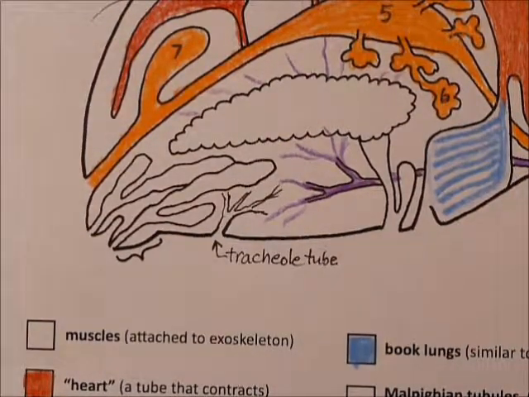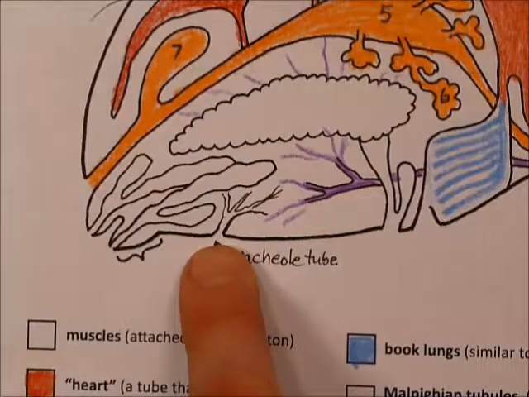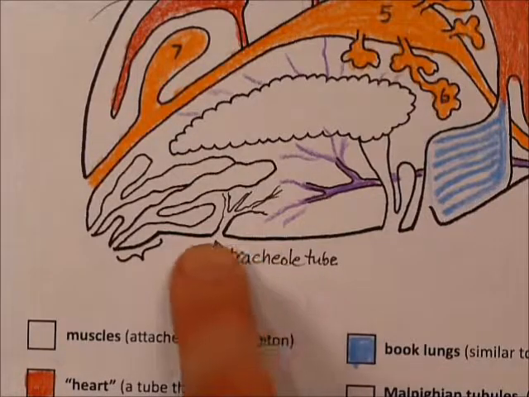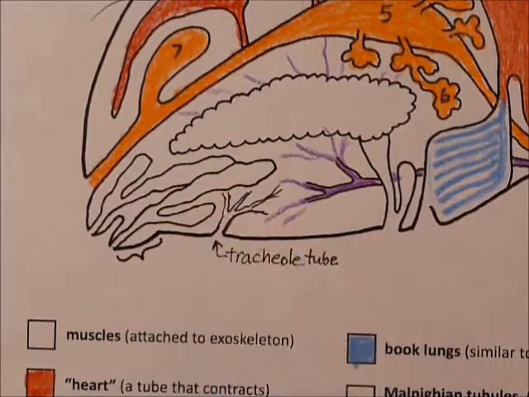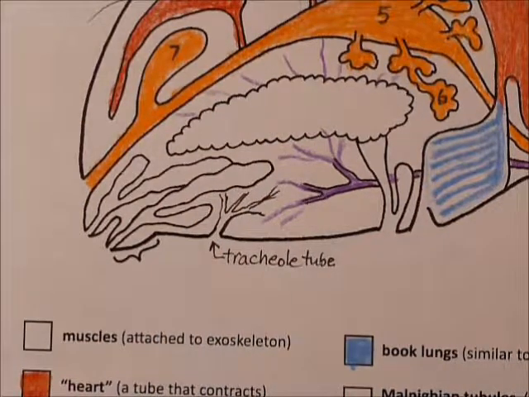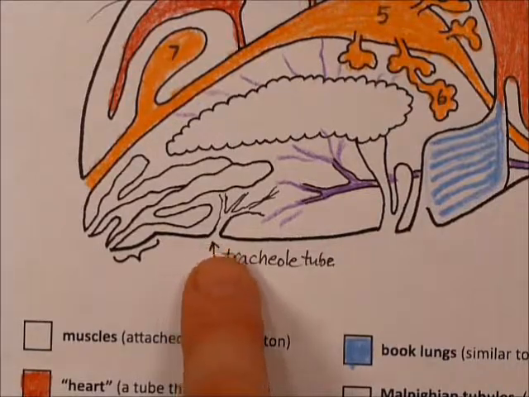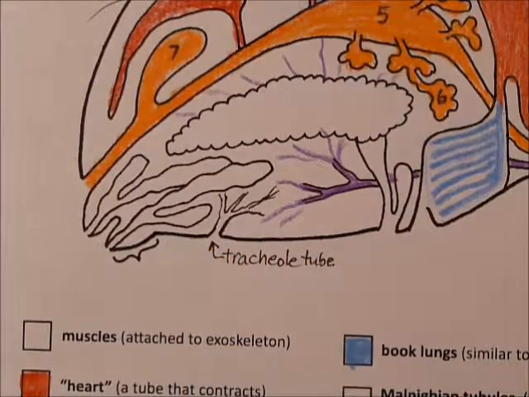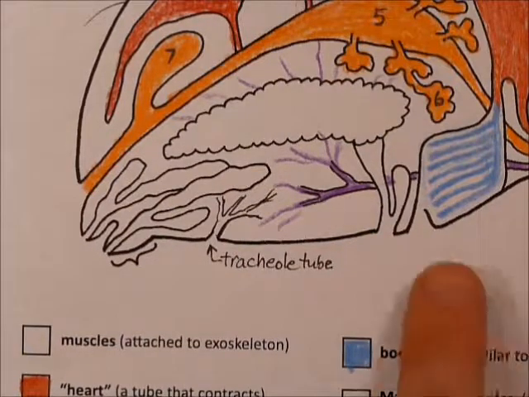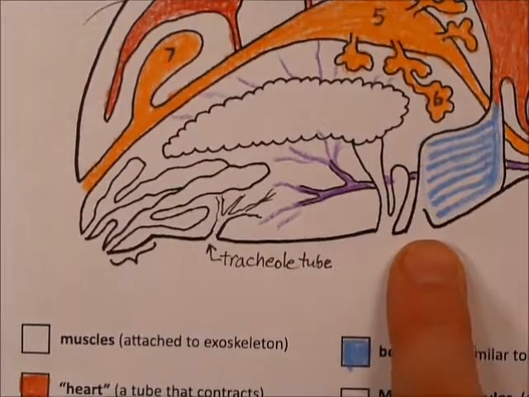And some spiders might rely on that a little bit more, like, I don't know, maybe a water spider that comes to the surface. He could put his abdomen up and collect air in, something like that. So some spiders have these, some don't, but I thought we should go ahead and put it in because a lot of them do. And then we could label this other slit right here.